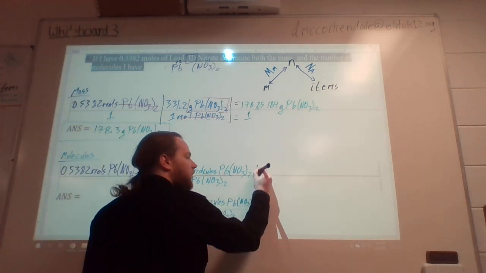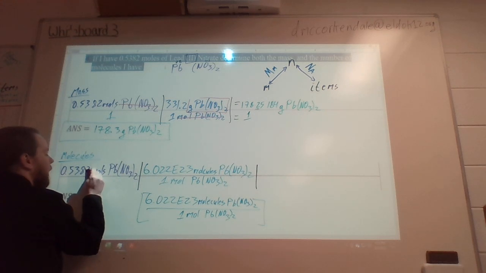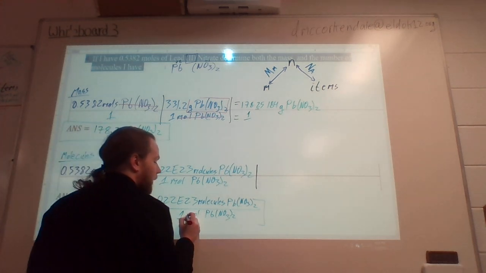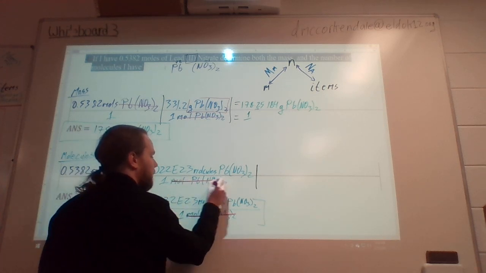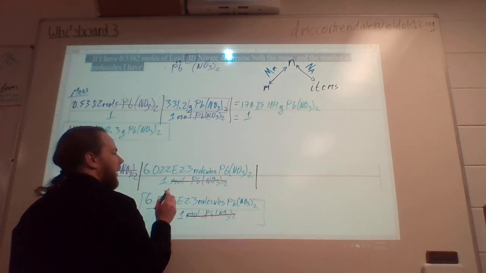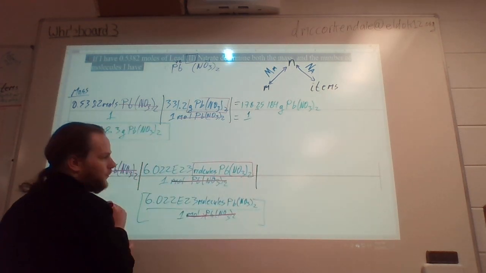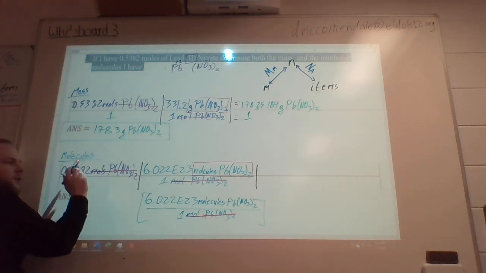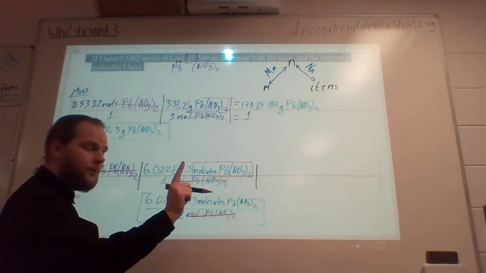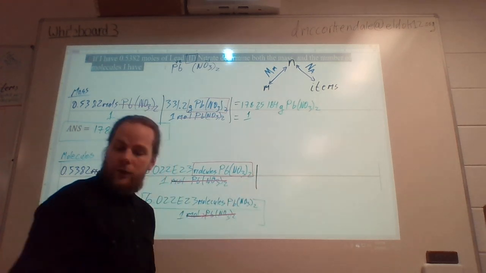We have a line to indicate the end and a canceling of the moles of PbNO3. That is not where I wanted that. This one. And that's going to leave us with molecules of PbNO3(2), which is what we want. Right here it says molecules. That's what we are trying to find. So now we're ready to actually solve this.